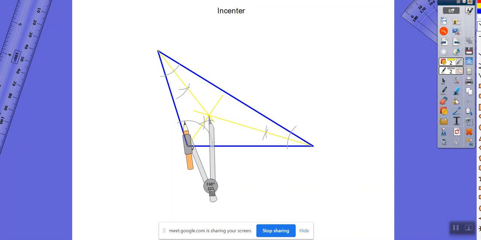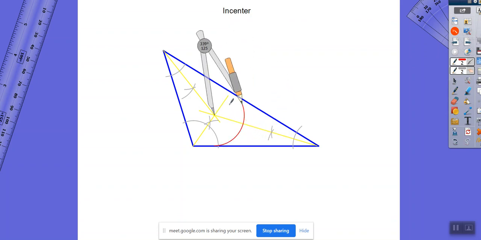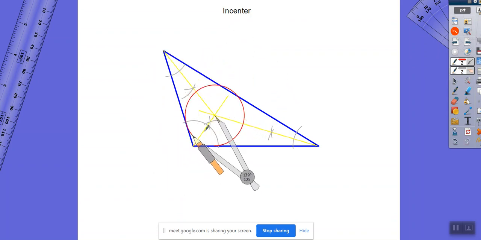So if I take my compass and check this out. If I did everything right, I should be able to draw a circle inside the triangle such that it touches, oh geez, I'm a little bit off.